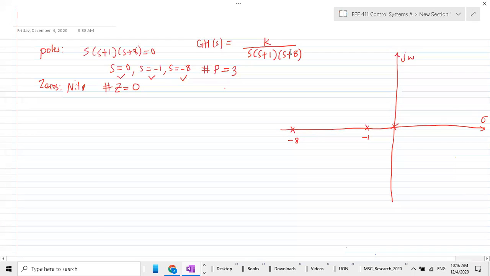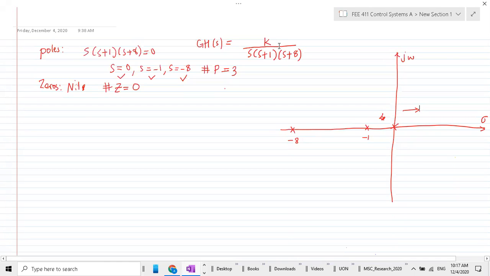So here you apply which rule? You check rule 4. Rule 4 says a point on the real axis is part of a locus if the number of poles and zeros to the right of the point is odd. The way I explained last time, you stand here and look in the right direction, and then you count the number of poles and zeros.